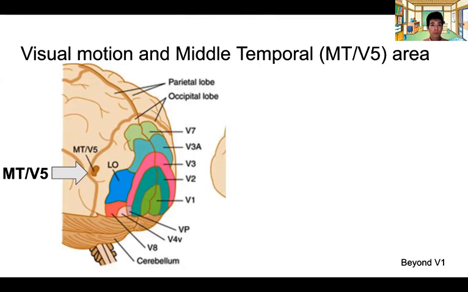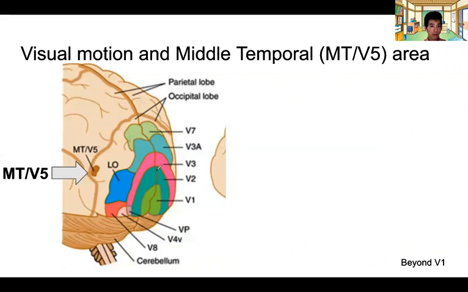Okay, so the last part of this week's lecture is about visual motion perception and the middle temporal area. Sometimes it's called MT, sometimes V5, depending on where you are. In the US, it tends to be called MT, and in the UK, it tends to be called V5.